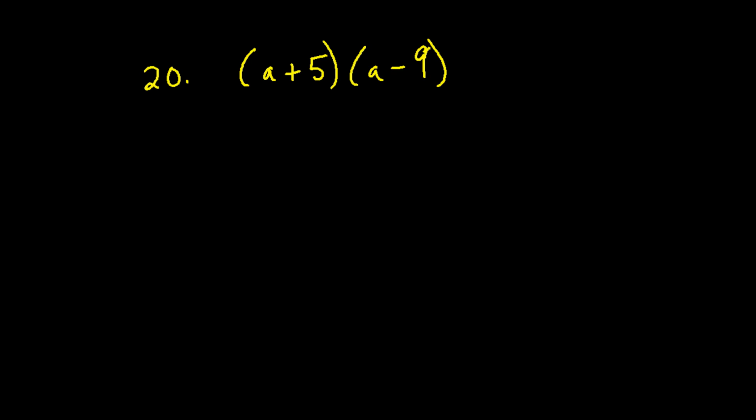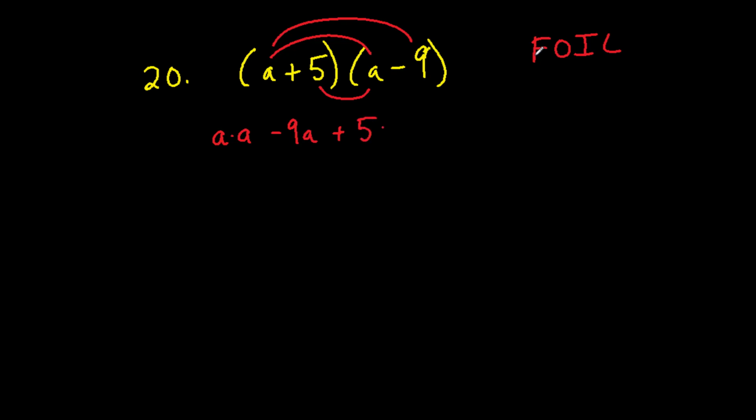Next we will get into some binomial multiplication. You can see we have 2 terms times 2 terms here, and those problems are usually done by FOIL. So multiplying the first 2 terms, the first term in each set of parentheses, a times a, then the outer, negative 9 times a, then the inner, 5 times a, and the last term in each set of parentheses, which is 5 times negative 9.